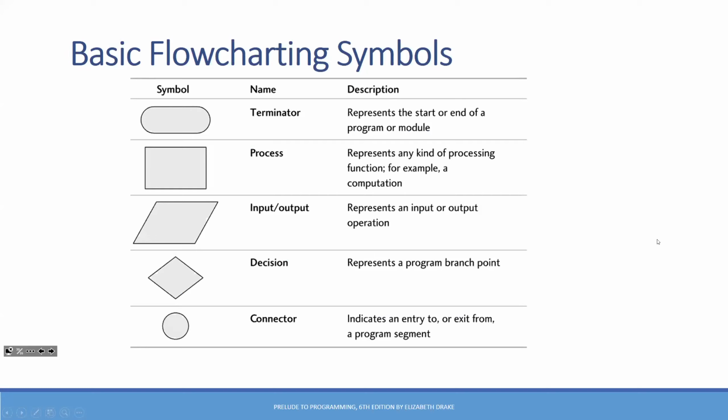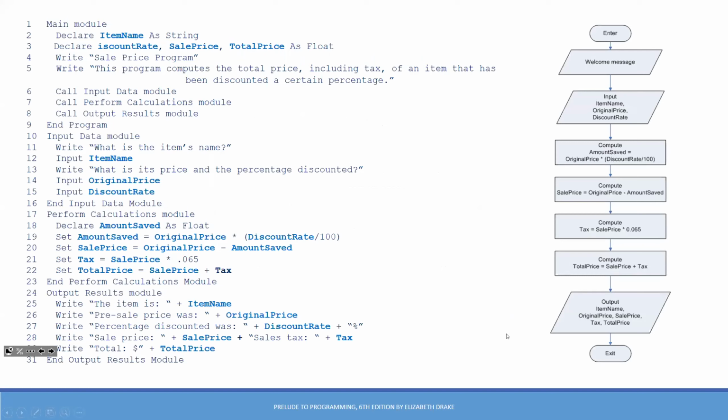Usually we can get away without using that, but sometimes we can make things neater if we have like a point A connecting to point A, so that we can have that flow chart work that way. And then our final pseudocode for our sale price program.